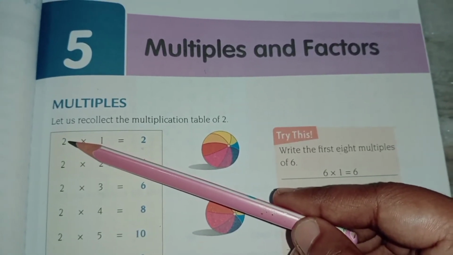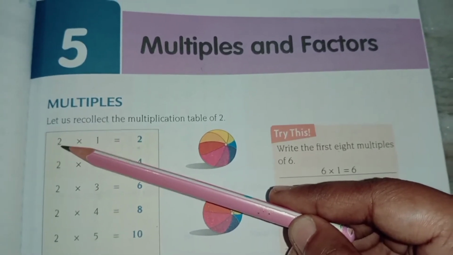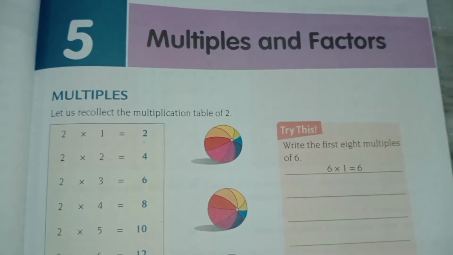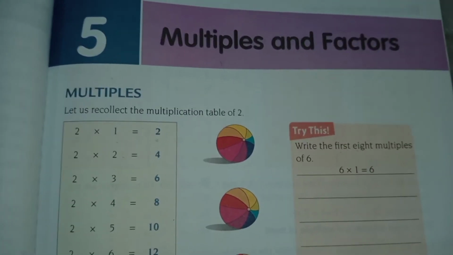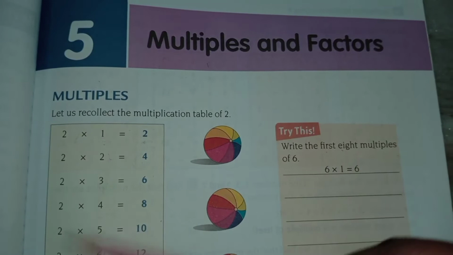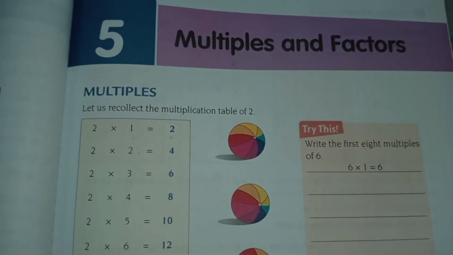Okay, so now let me make you understand that what are multiples. In easy way, you can remember that when a number is multiplied by the counting number, means 1 2 3 4 etc. It is endless.